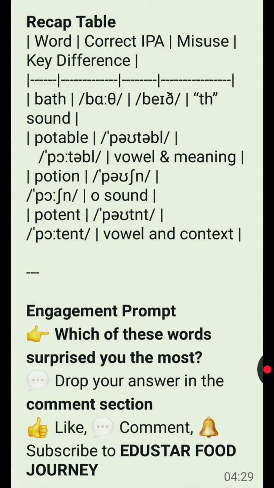So you can see in each of the words, in the first one, P-O-T-I-O-N, we have the pronunciation as potion, while in P-O-R-T-I-O-N, we have portion. Next is potent and portent. That is vowel and context. That is the difference between the two words.